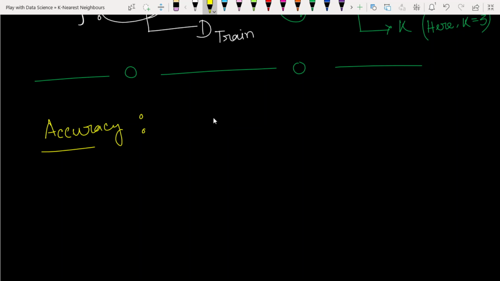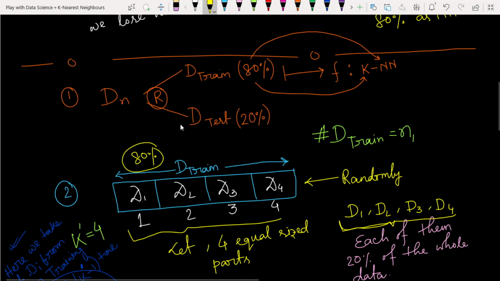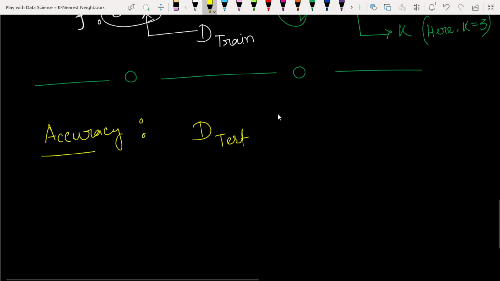Here we are simply using the test data set, which is 20% of the data. To build this model we have not used this test data set, this is called the unseen data, because we are only using 80% of the whole data to build our classification model. This unseen data, the test data, we use to find the accuracy.